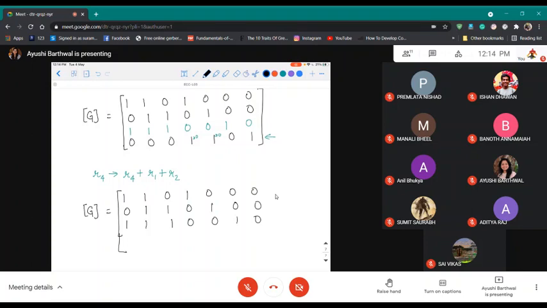So we have to add these three terms. Let me highlight them: R4, R1 and R2.